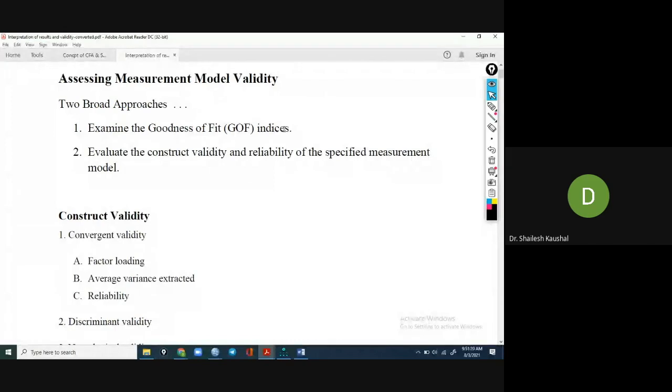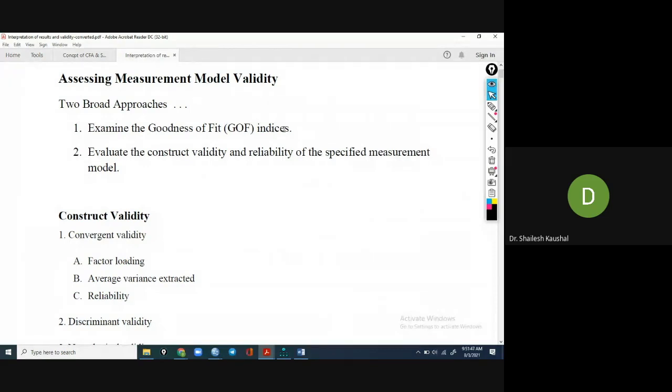We find the validity of the measurement model first. Once our measurement model is valid, then in stage 5 we specify our model, and in stage 6 we again find the validity of the structural model.